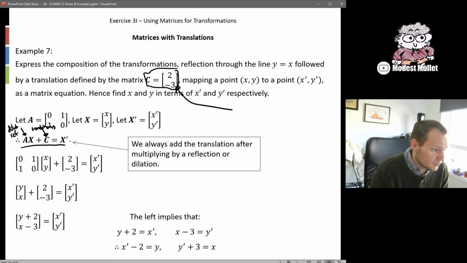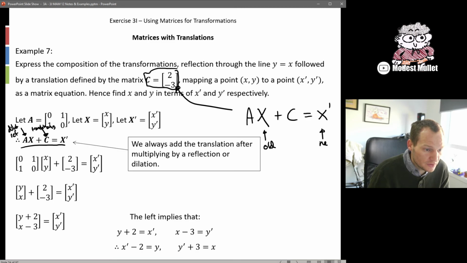So just to bring this over, A is our dilation and reflection, and we're doing that to some coordinate. We're then adding on our translations, and that is going to tell us our new coordinate. So this is our old coordinate pair. This is our new. This will be our dilations and reflections.